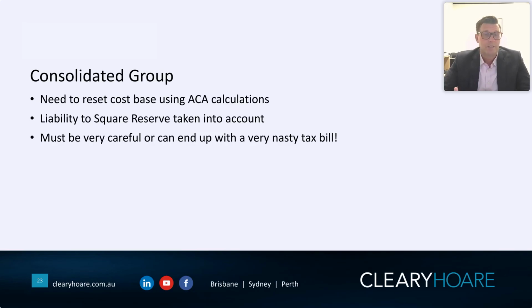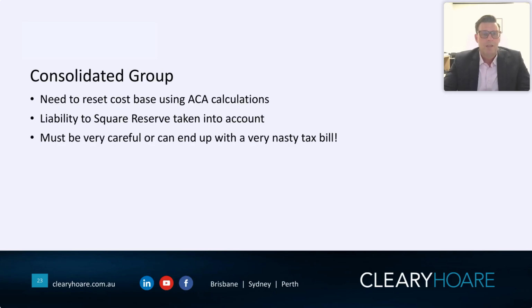I know it has to issue shares, but when we work through the calculations, that figure is going to be nominal. So that could cause us a problem down the track, because if we get to the end of our ACA calculations and our ACA is less than the historical cost base of the assets, then we end up with a taxing event on consolidating. So that's not a great position to be in and not what we want to be in.